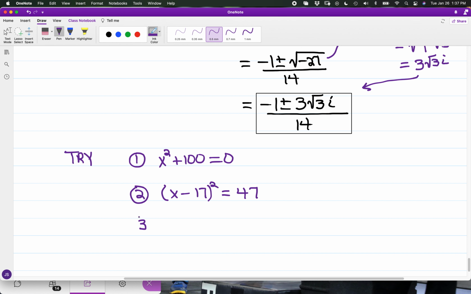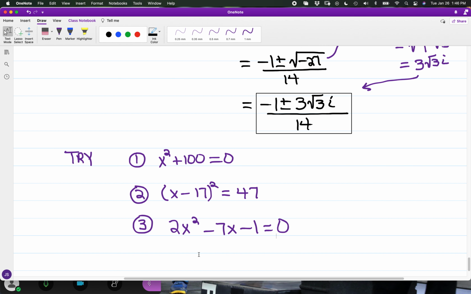And we'll say also that we have, and this is one where you don't have to worry about reduction so much, 2x squared minus 7x minus 1 is equal to 0.